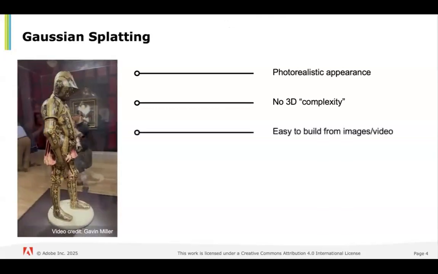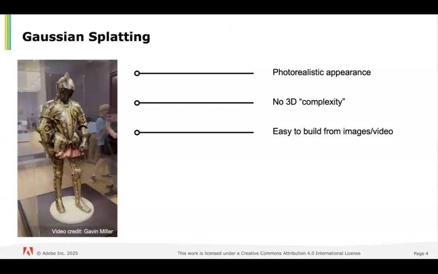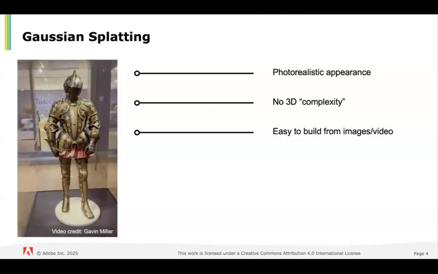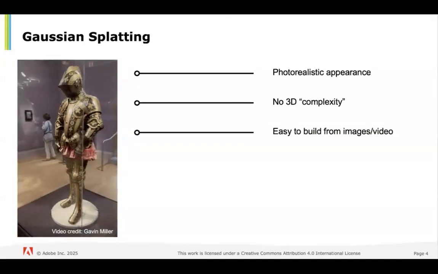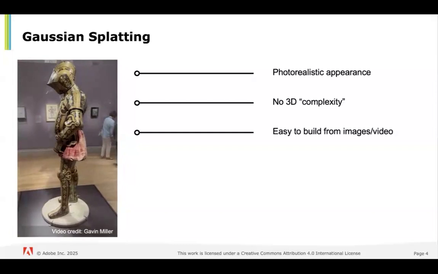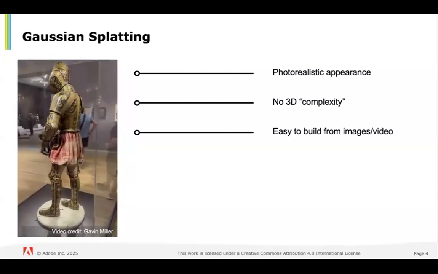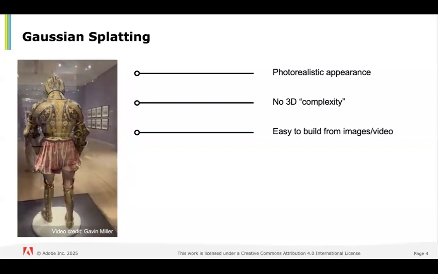It's also very easy to build from images or video. For example, the Gaussian splat on the left is reconstructed from this video I just showed here. And everything can be reconstructed in minutes. That faithfully records everything, including light, material, and extra.